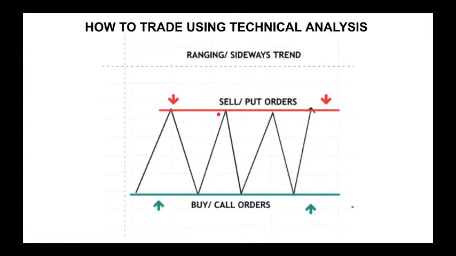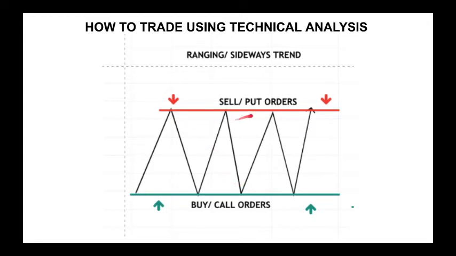Now, when price is going sideways, you want to look for buys whenever price comes to the floor or the support areas, because looking at this particular picture, price is not going up, it's not coming down. Anywhere price hits and starts dropping is considered a resistance, and whenever it hits an area and starts going up, it's considered a support.